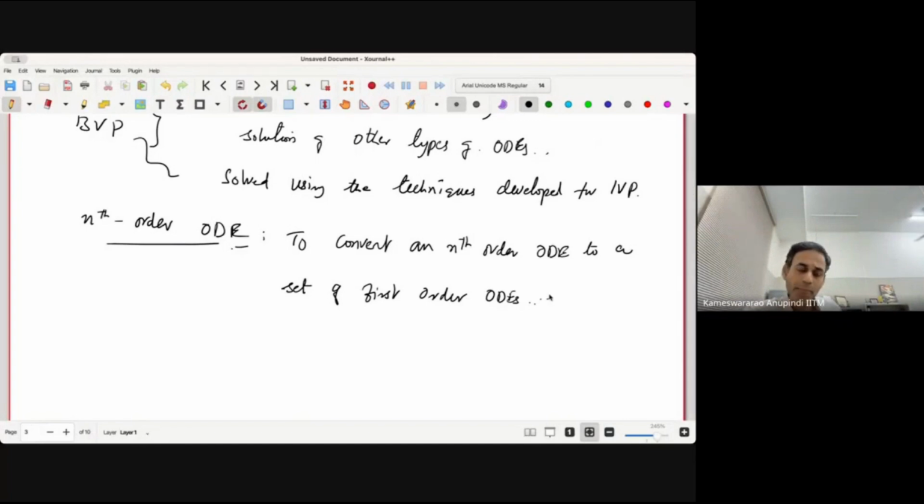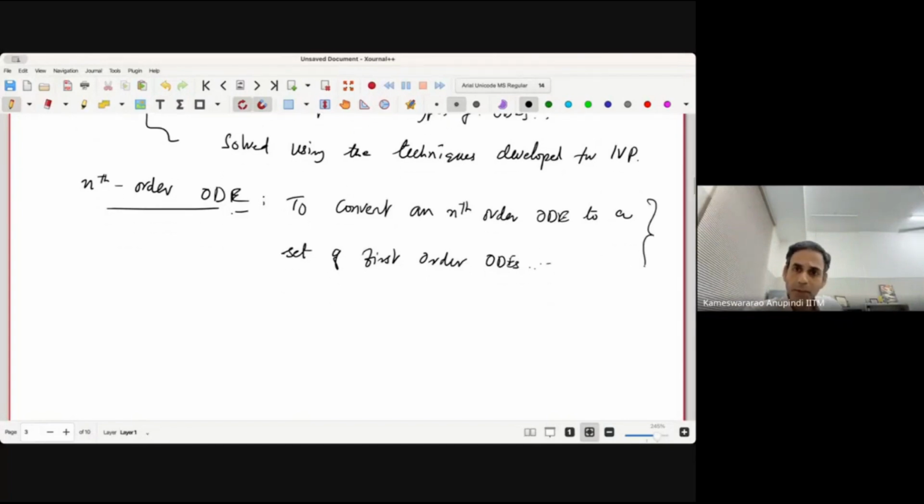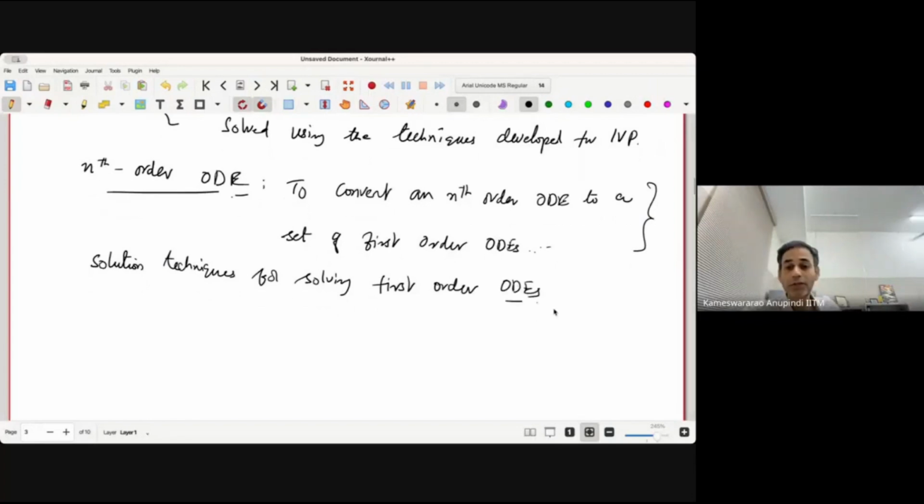Because of this possibility, we are going to focus on solution techniques for solving first order ODEs, or first order initial value problems.